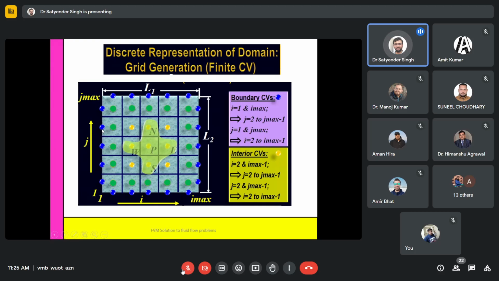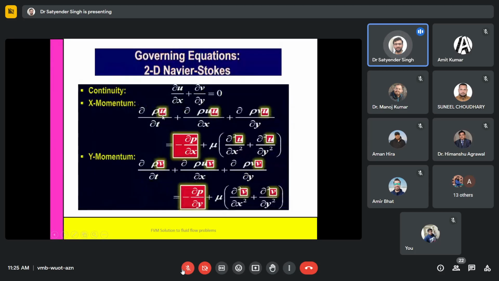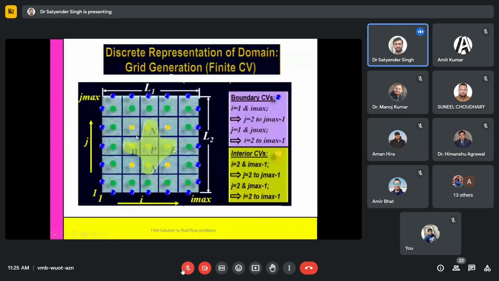Taking their reference inside, we will solve using the discretized form of these equations. So when these equations are solved for u, and this one for v, let's say, then that algebraic form will be applied to a single grid.